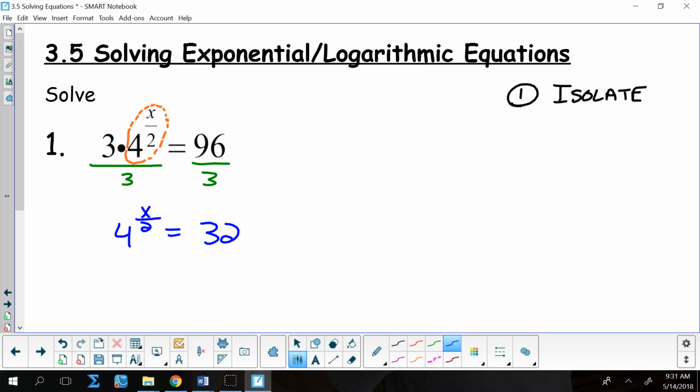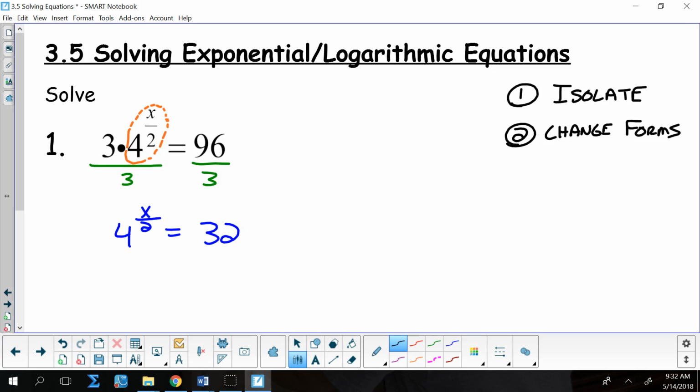Now that I've isolated my exponential term, or if it was a logarithmic one, my logarithmic term, my second step is I am going to change forms. If it's in exponential form, I put it in logarithmic form. If it's in logarithmic form, I put it in exponential form.